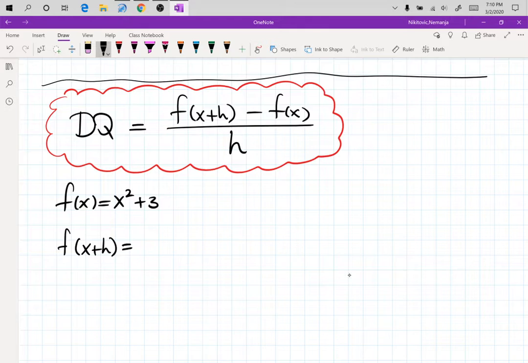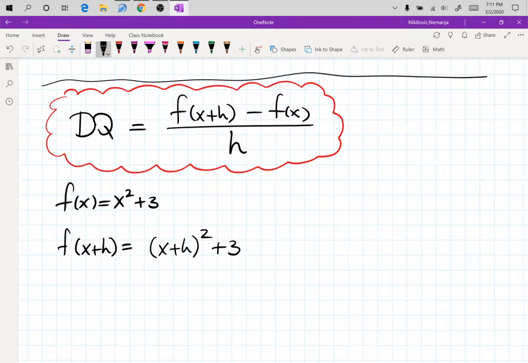We only have one, so x plus h squared plus 3. So what I have done is I replaced this x by x plus h. And you can see it, right? Doesn't this look like x squared plus 3? It is, except I removed x and put x plus h.